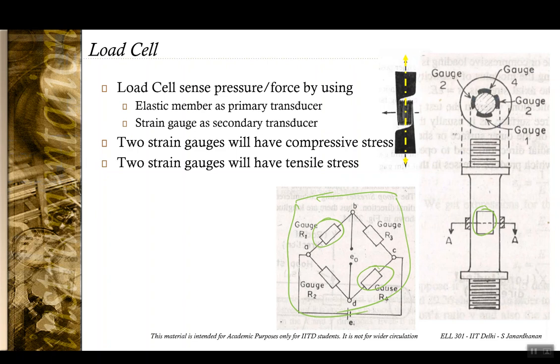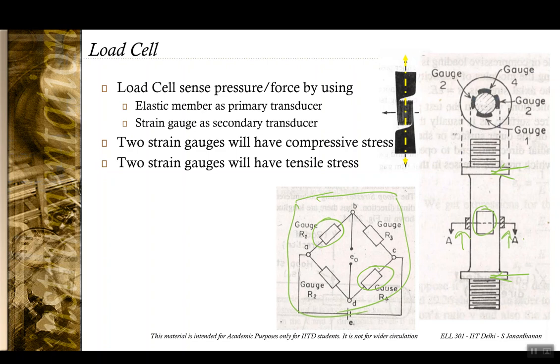Here two of the gauges are measuring the longitudinal strain of an elastic member, and two of the gauges are measuring lateral strain. So when two of them are under tensile stress, the other two will be under compressive stress.